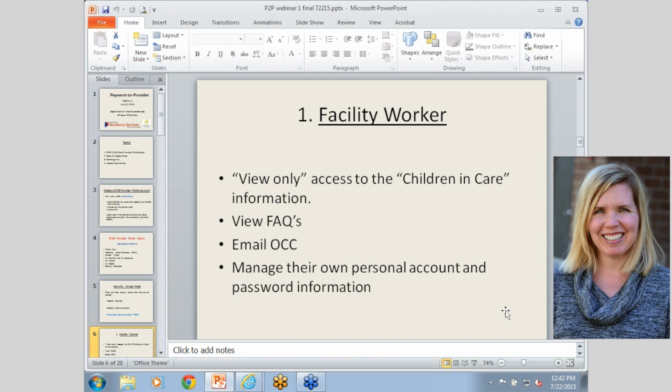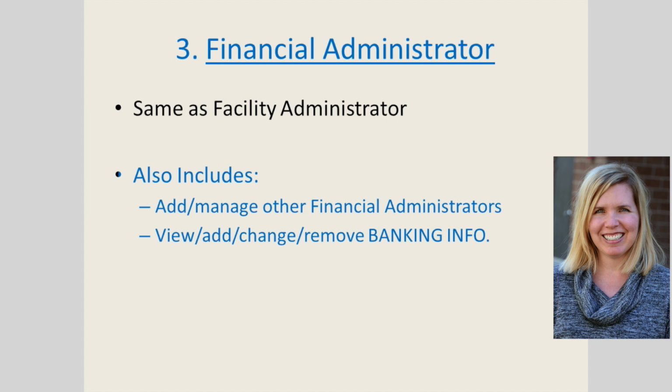Let me make this bigger. The facility administrator has the same access as a facility worker. However, they also have additional access rights, and that includes being able to manage other facility administrators and facility workers. They can add people.